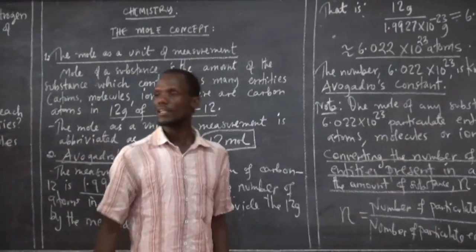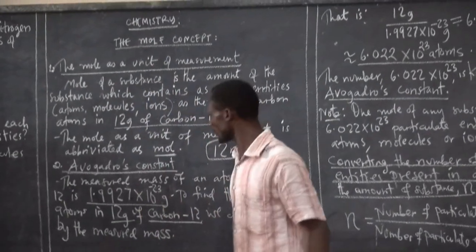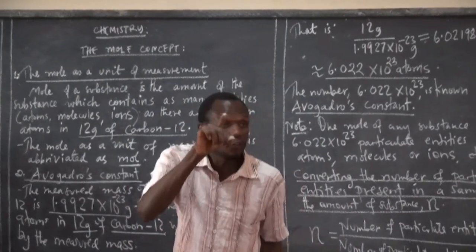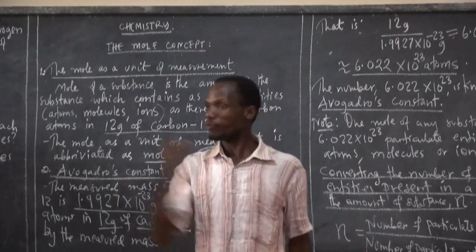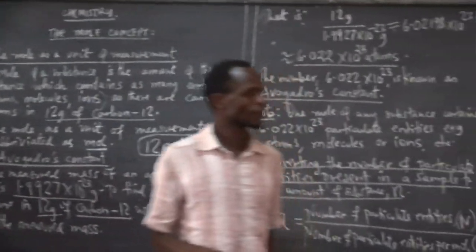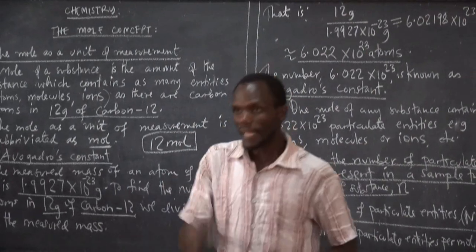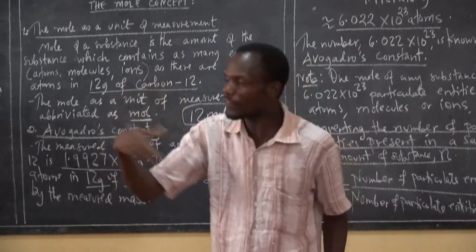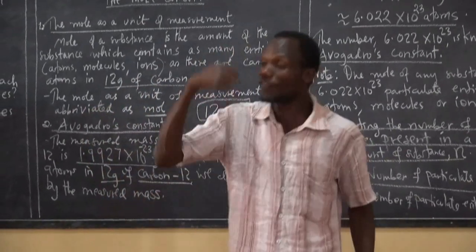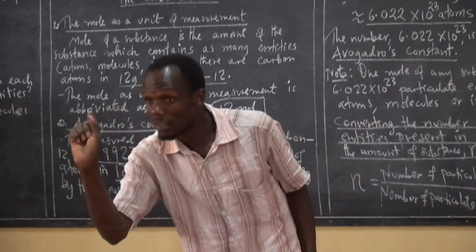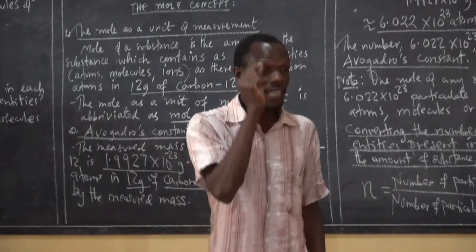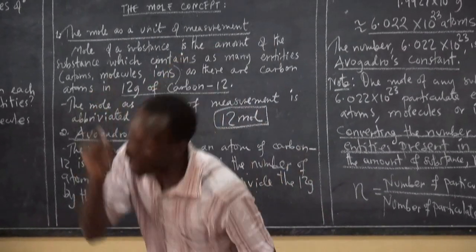Just like now, let me say something. You have 12 kilograms of maize in bags, but every single maize grain has got 2 grams.